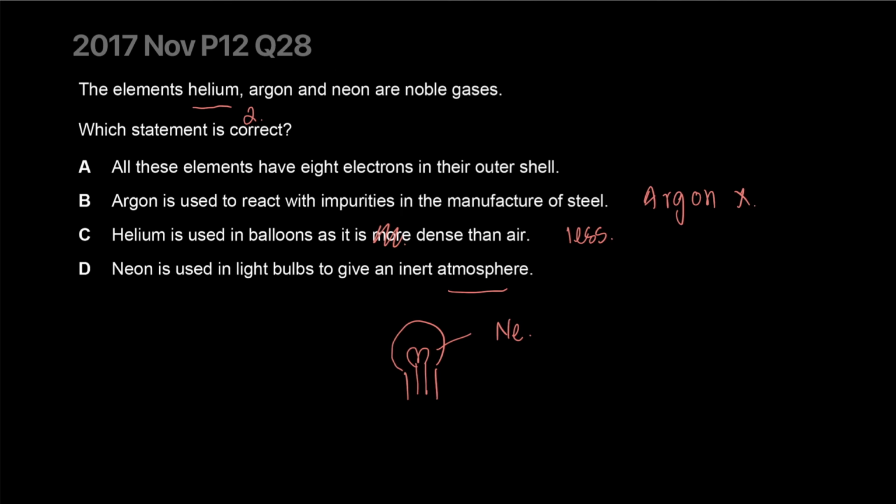It's kind of like putting sodium in oil so it doesn't get in contact with any water, a coating of oil. So think of it this way: it's a coating of an inert gas, so it's actually helping it not burn, right? That's the idea. So the correct answer is D.